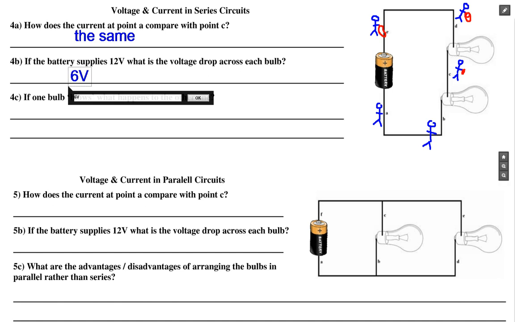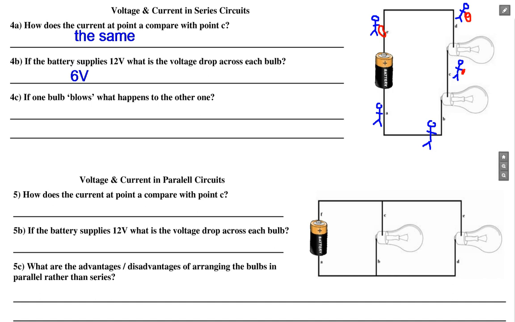That's because an electron going through the circuit will use 6 volts of its energy as it goes through this bulb and 6 through this bulb. That's assuming the bulbs are identical, so the same kind of wattage, the same brightness. So as the electrons go through, the energy is shared in a series circuit. The energy is shared as they go through the components.